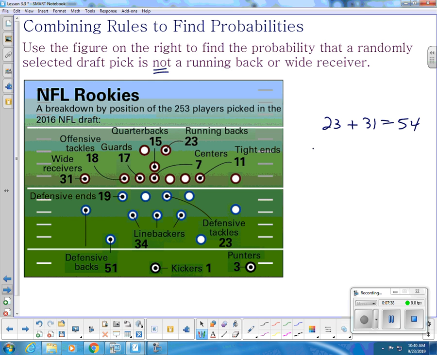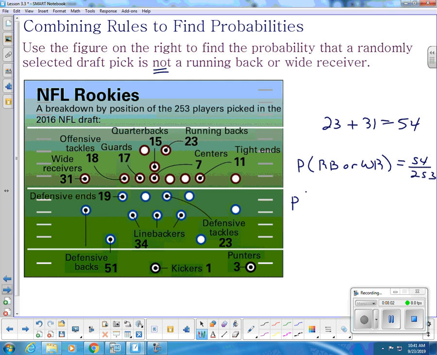So there were 253. Can I subtract the 54? They want you to do it by probabilities. Let's do it that way. So the probability of it being a running back or a wide receiver, they can't be the same, right? There's no overlap here, is 54 over 253.